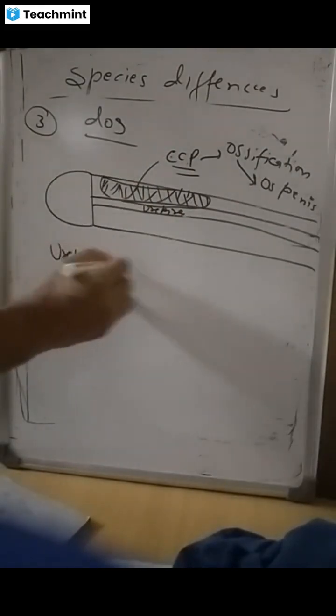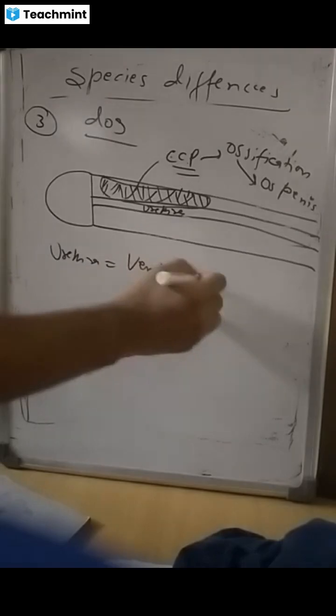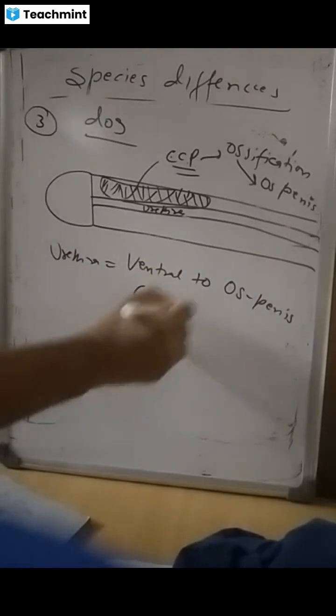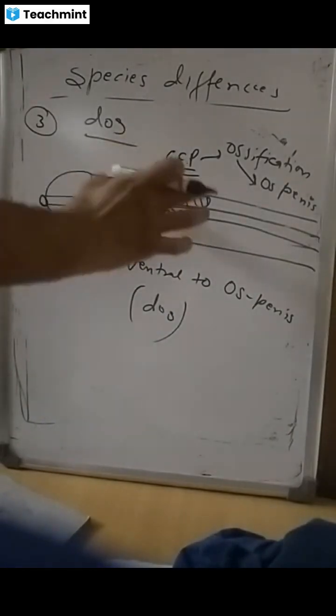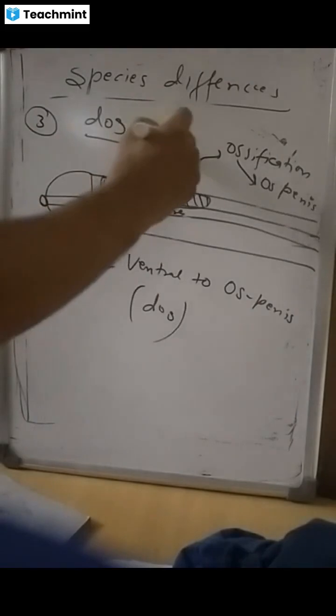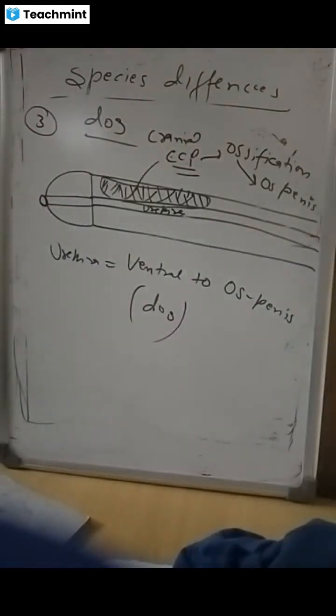So urethra is running ventrally in case of dog, and it is opening. So the cranial part of the corpus cavernosum muscle gets ossified.